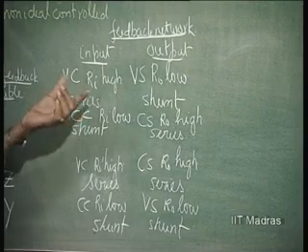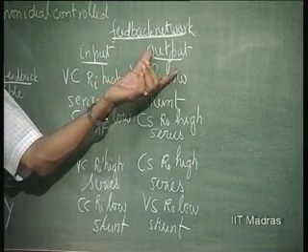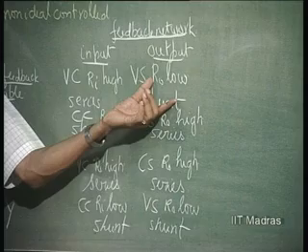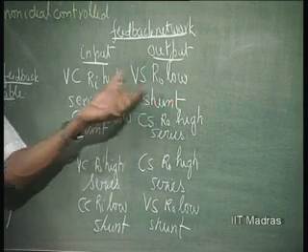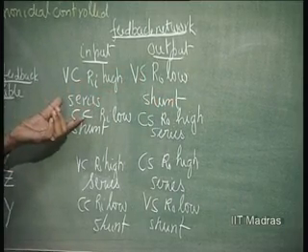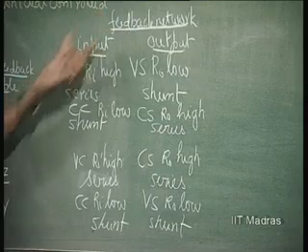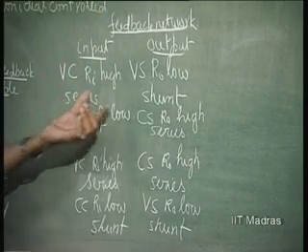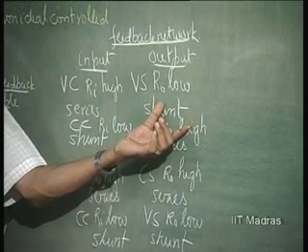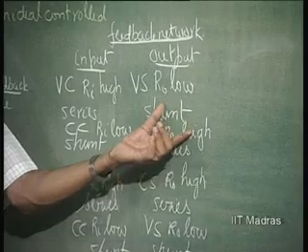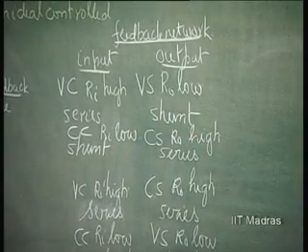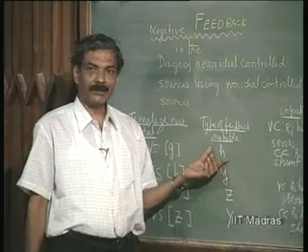The only way you can bring down the output impedance is to put it in shunt. So, this arrangement has the feedback network in series at the input and shunt at the output. This kind of thing is called H feedback.